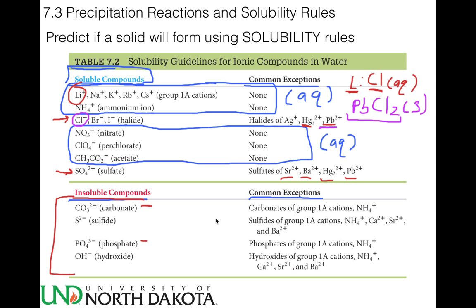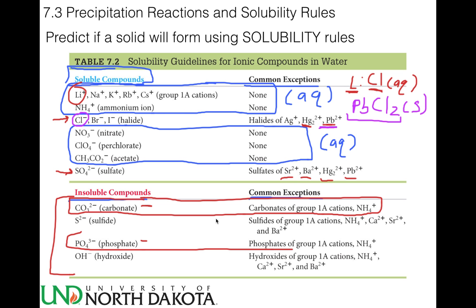And in fact, carbonates are always insoluble except with the ions that we said are always soluble, specifically those group 1A cations and ammonium. Same with phosphates. Phosphates are always insoluble except with that same subset of cations, the group 1A cations and ammonium. When they're with those, they are aqueous or soluble.